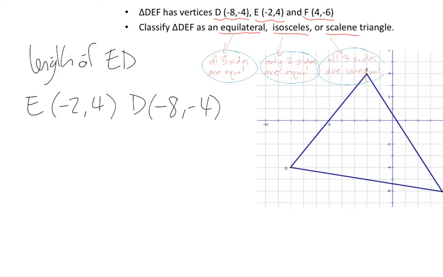Just like I showed you in the previous example, I'm going to label this x1, y1, and I'm going to label this x2, y2. That makes life a little bit more easy when I am substituting in my known values.